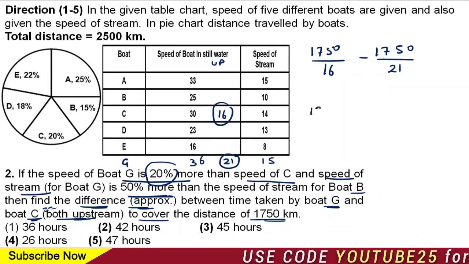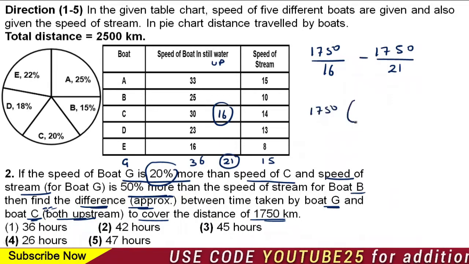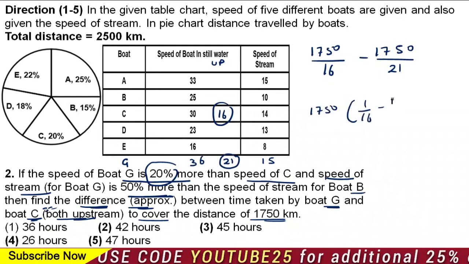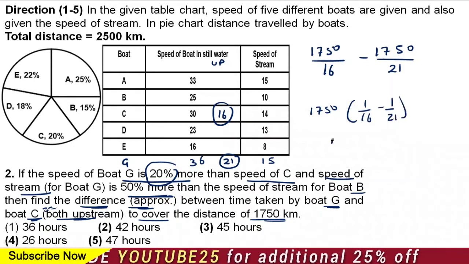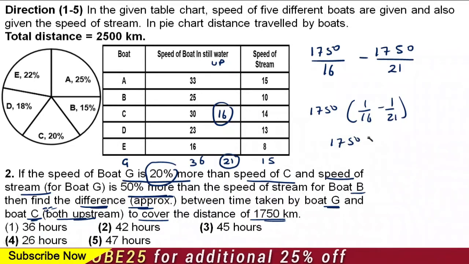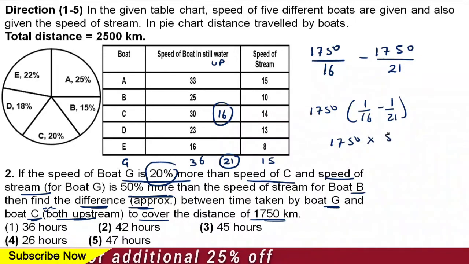So we can easily have 1750 as common, and 1 upon 16 minus 1 upon 21. To make it easier, it will be 1750 times 21 minus 16, which is 5, and over here we have 16 into 21. Got it? So that way we can do it.